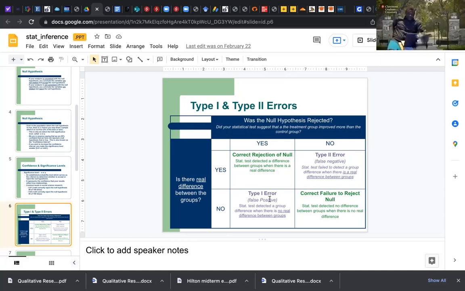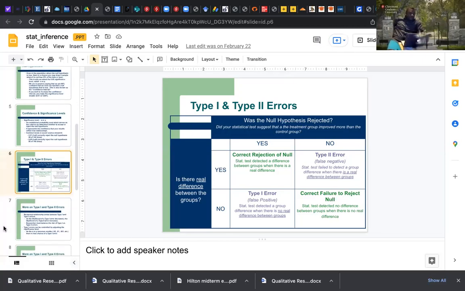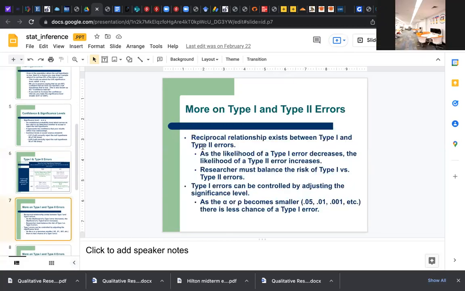That's the type 1 false positive. The type 2 is when the statistics detect no difference. The first one is there's no difference, but you said there's a real difference. And the second one says there's a real difference, and yet you are not able to detect it. That is type 2 error. You already know that. So there are ways to avoid this. A reciprocal relationship exists between type 1 and type 2.